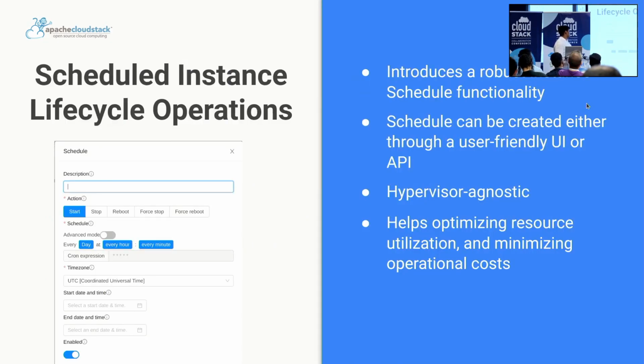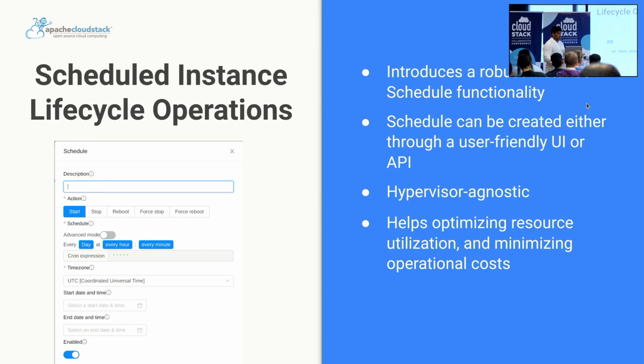Then we have this new feature called Schedule Instance Lifecycle Operations, where you can schedule some of the lifecycle operations for an instance in a hypervisor agnostic manner. It provides optimization of resource utilization.